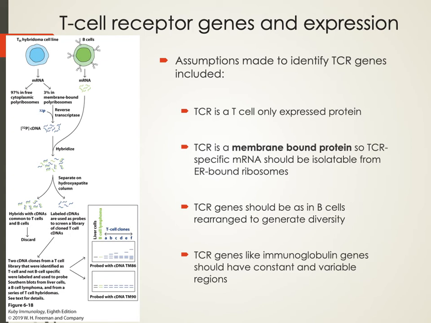T cell receptor genes are also going to undergo rearrangement like B cells to lead to increased diversity. And like immunoglobulin genes, we're going to see constant and variable regions. So we're going to have regions that stay the same, and regions that are going to undergo the gene segment rearrangement so that we can get the different variabilities occurring.